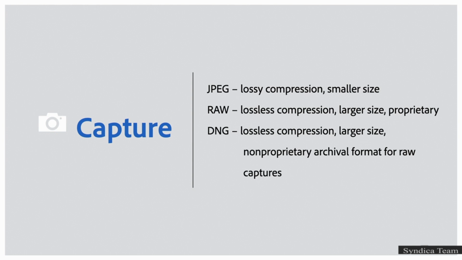Not only do several camera manufacturers capture directly into the DNG format, it's now also available on several mobile devices. In addition, any RAW file from any camera manufacturer can be converted to the DNG file format using Lightroom or Camera Raw or the free Adobe DNG converter.